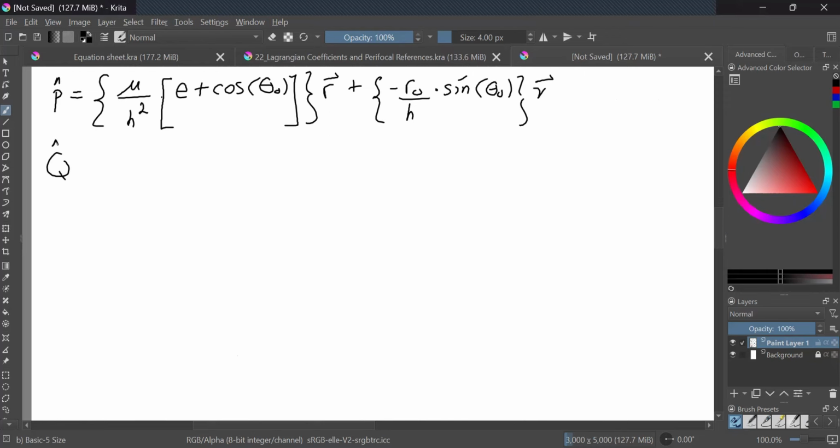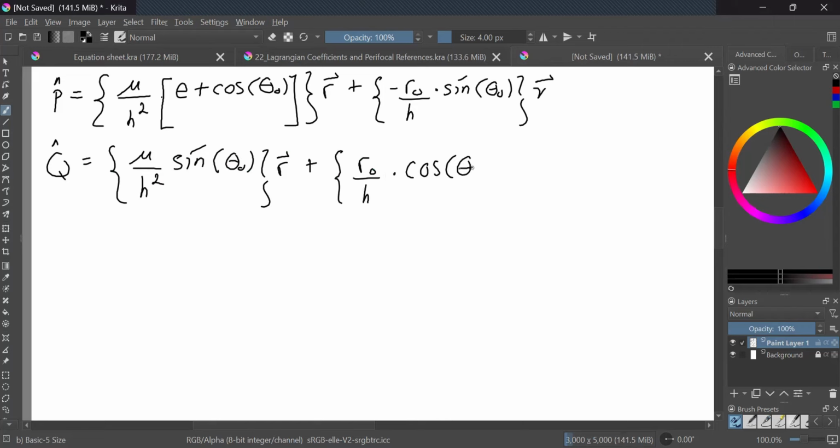Now, q hat is equal to mu over h squared times the sine of theta naught times the radius vector plus what will end up being r naught over h times the cosine of theta naught times the velocity vector.